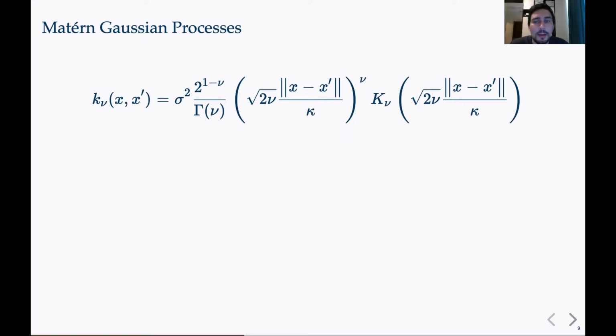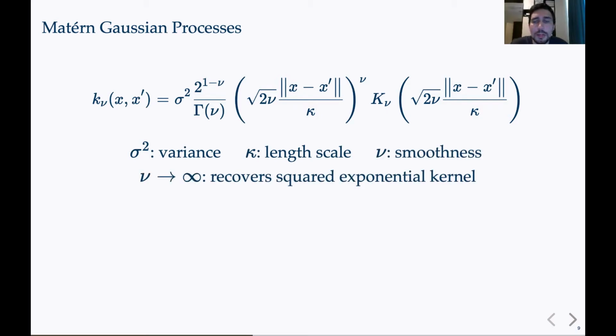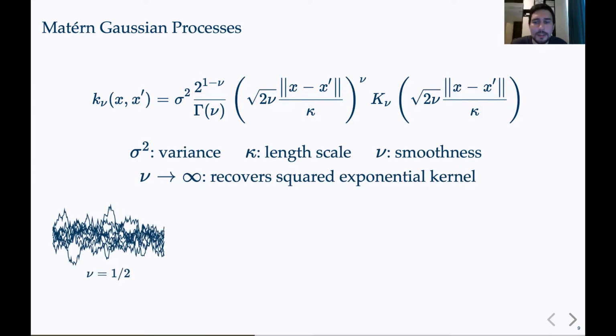They're given by this explicit formula and parameterized by three very interpretable parameters: variance sigma squared, length scale kappa, and smoothness nu. When nu tends to infinity, this recovers the famous squared exponential kernel. And here we can see what these processes look like for different values of smoothness.